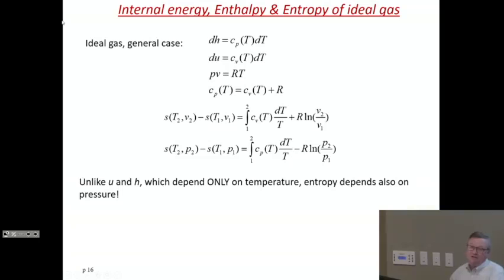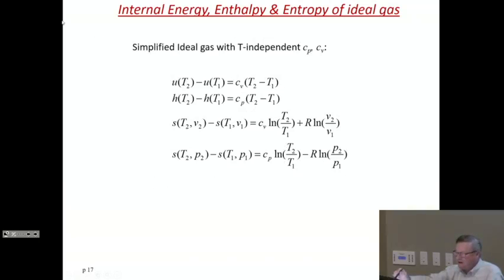And you can then extrapolate that to the case where Cp and Cv are constants, like 3/2 R, 5/2 R. Then your integral of Cv dT over T becomes Cv (T2 minus T1).